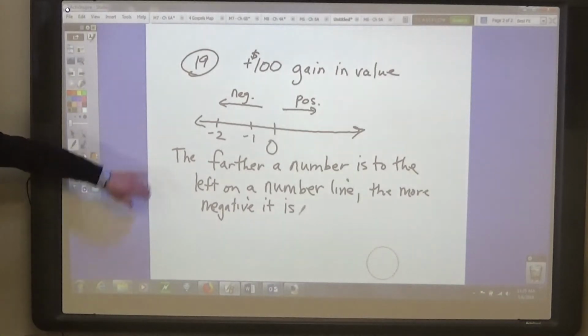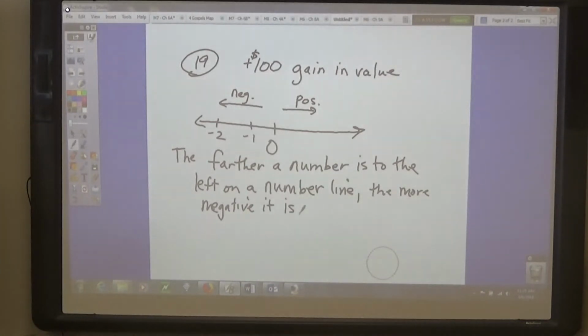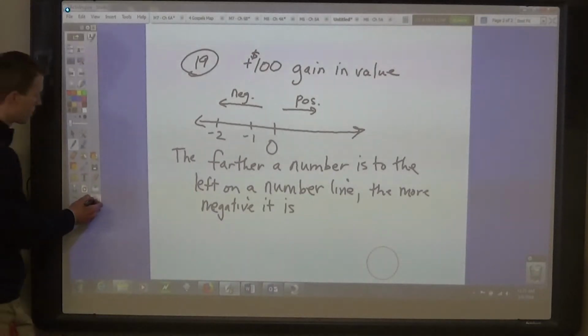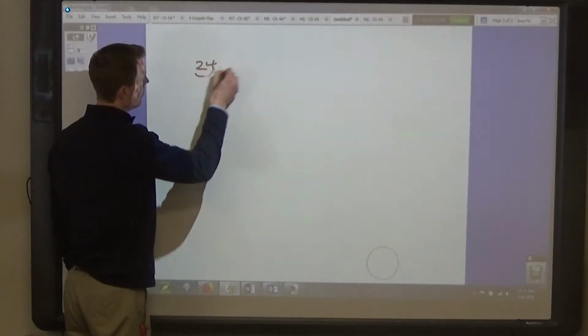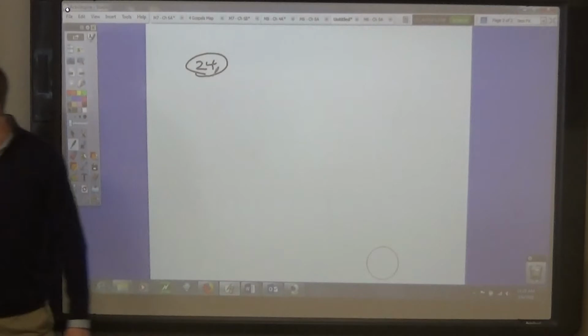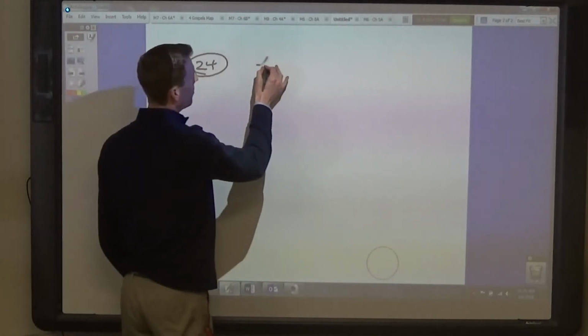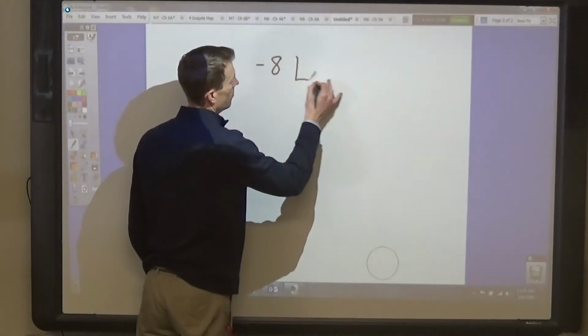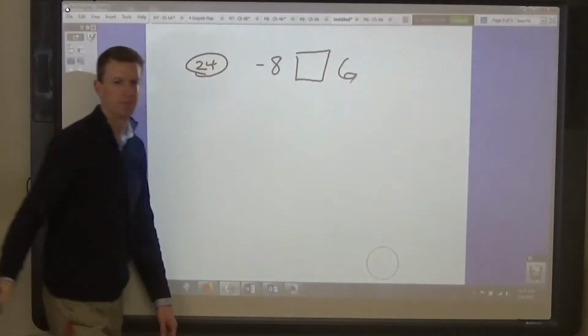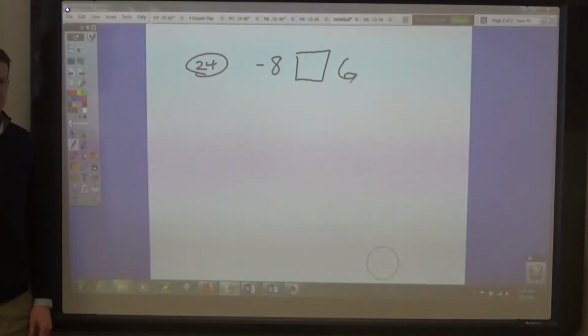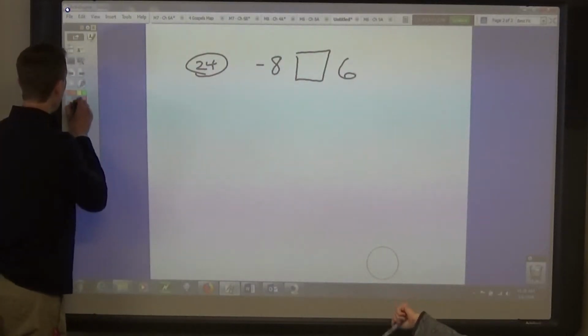So with that idea then, go to number 24. Complete the statement comparing -8 and 6. Is it less than, greater than, or equal to? Tyler? Awesome. Okay, so which way does it point, the arrow?